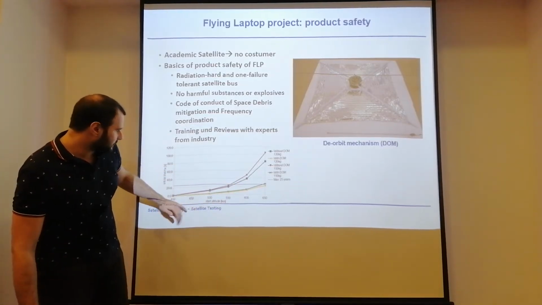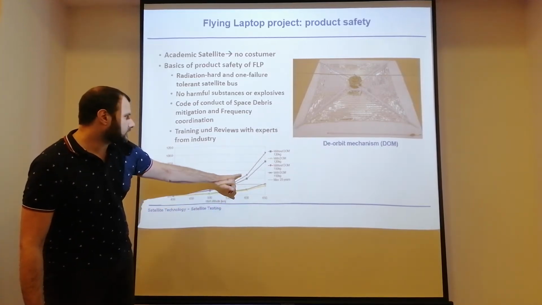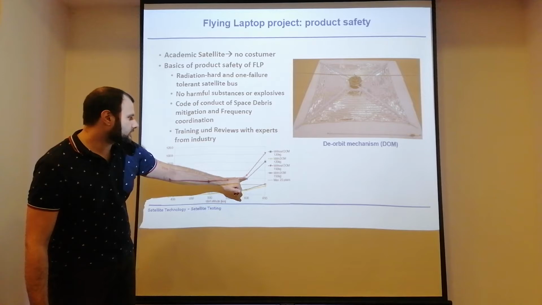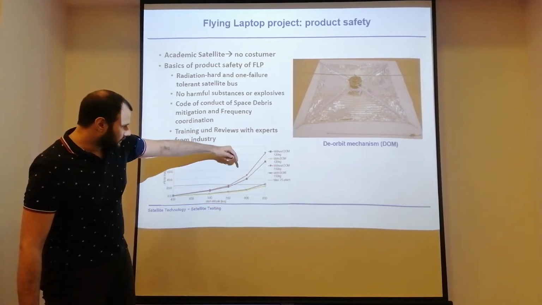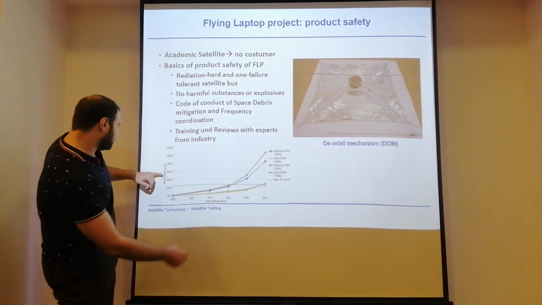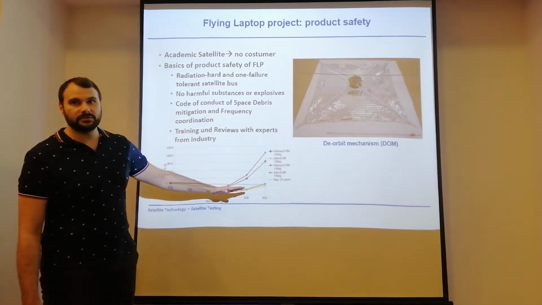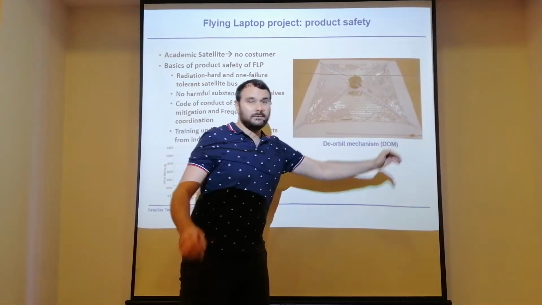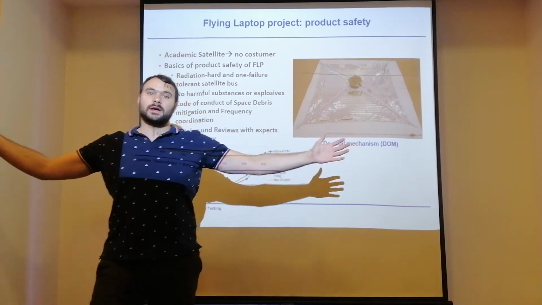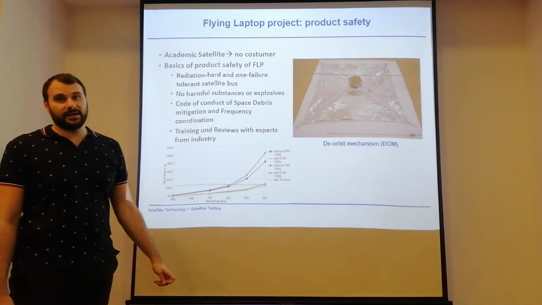So this is the graph for a 600 kilometer orbit without the de-orbit mechanism and with a de-orbit mechanism. You can see that it takes much less time to re-enter the Earth's atmosphere if you have a de-orbit mechanism like this one, which is basically a big sail that increases the drag with the residual atmosphere.